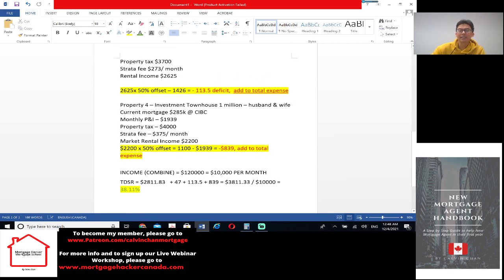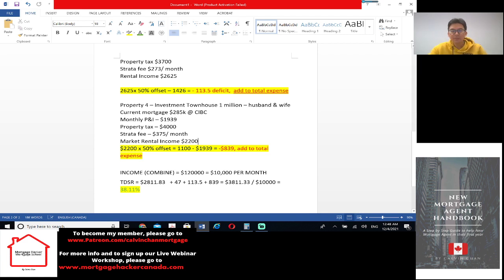Okay, lastly, there is an existing principal residence that will convert to a rental property eventually. That existing property has a $285,000 mortgage, the monthly payment is $1,939, and based on their realtor, they are expecting to get $2,200 rental income per month from that property.